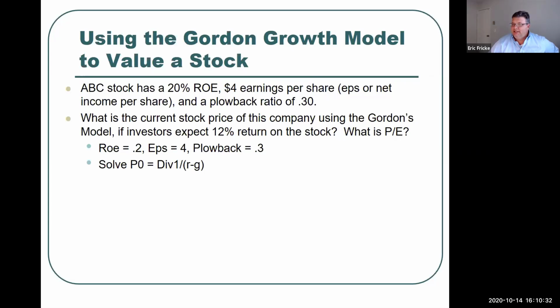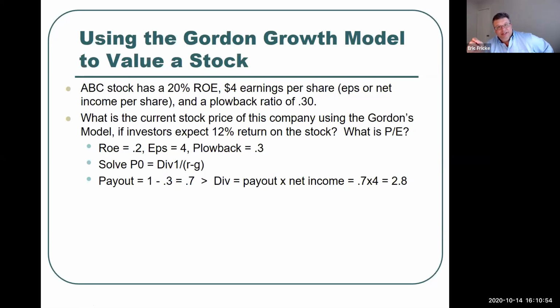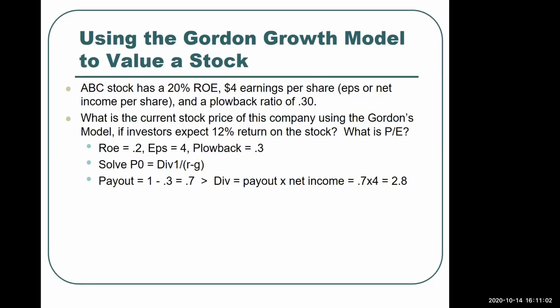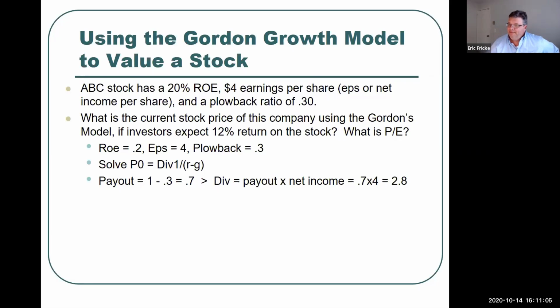Let's go ahead and solve for the dividend first. And the dividend, we know from that one equation before about the payout ratio, the dividend is related to the payout ratio. When you add up the plowback ratio and the payout ratio, it always equals what? 1, right? So you can see right here, I said the payout ratio equals 1 minus 0.3, which is equal to 0.7.